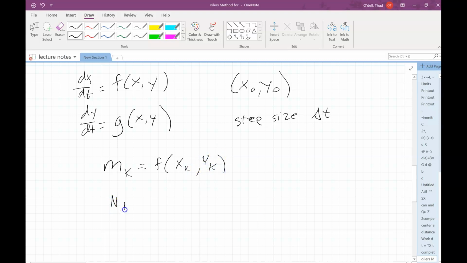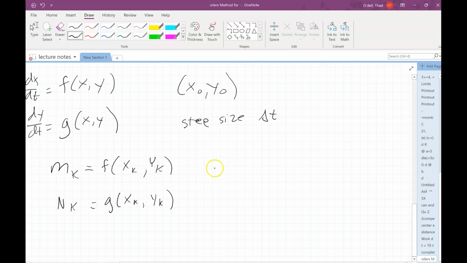And we'll have another slope n, that would be g of x sub k, y sub k. So then we get this equation. If we want to know the k plus 1 x coordinate, x sub k plus 1, that would be equal to x sub k plus a small change in t times m sub k.